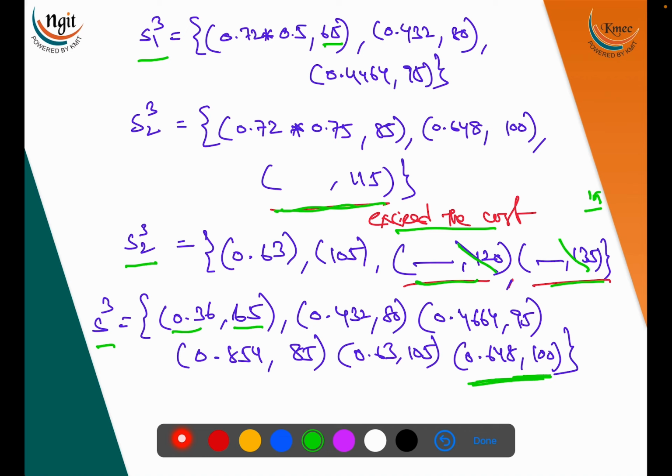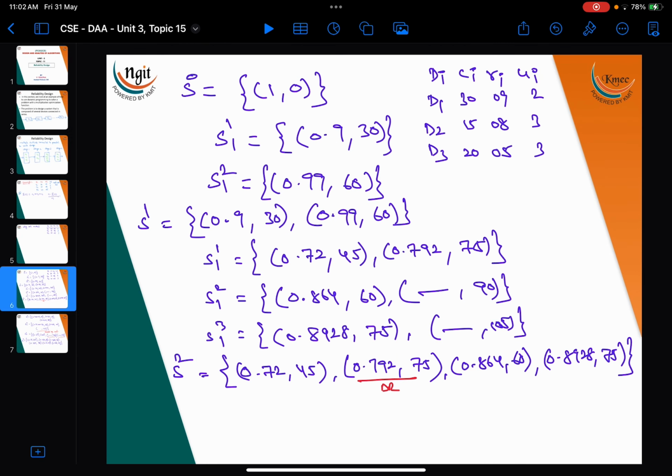Now, in which set is it included? In this set it is included. That means D2, D3 is required, D2 is also required, correct? Now, from which number has it come? If you go back, you will find it in the S2 set. That also I will show.